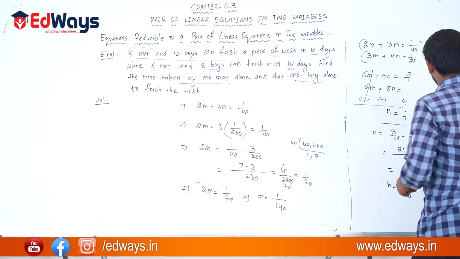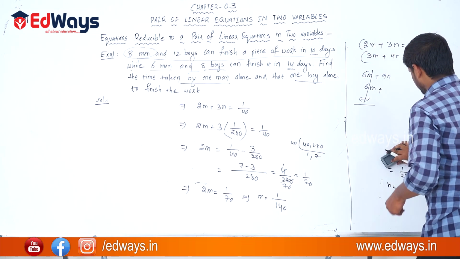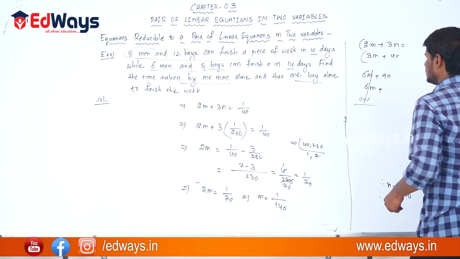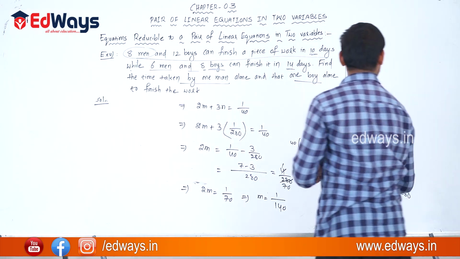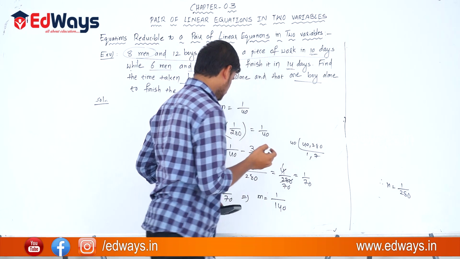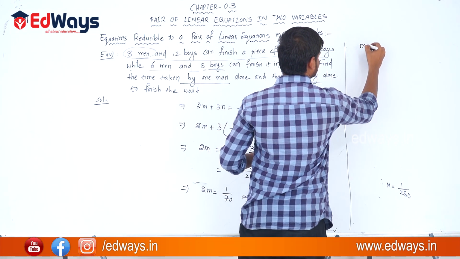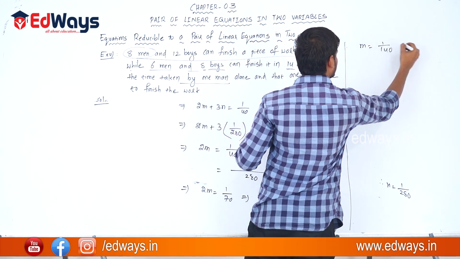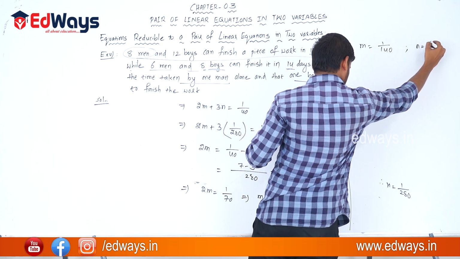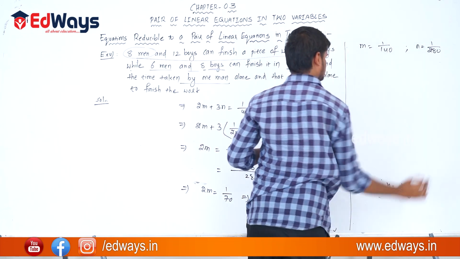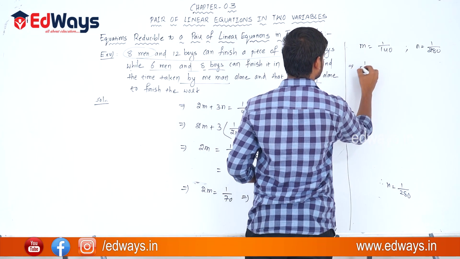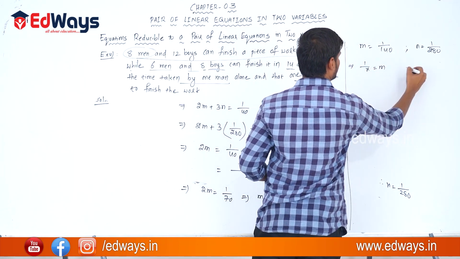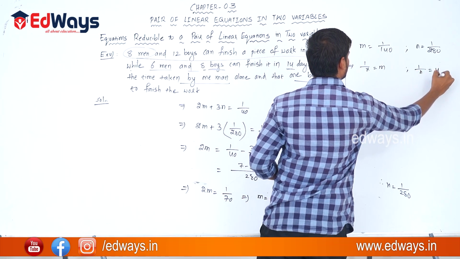So let me write the m and n values here now. What's the n value we got and what's the m value we got? m is equal to 1 by 140 and n is equal to 1 by 280. So what we assumed? We assumed 1 by x is equal to m and 1 by y is equal to n.